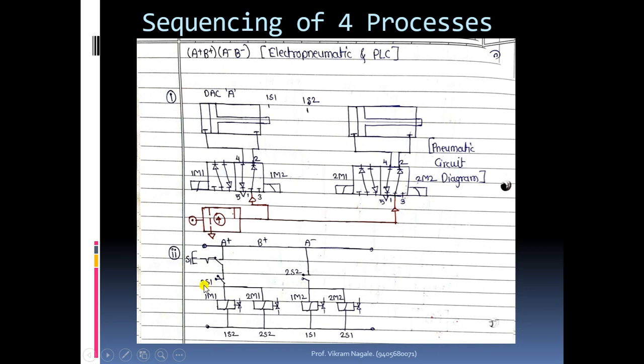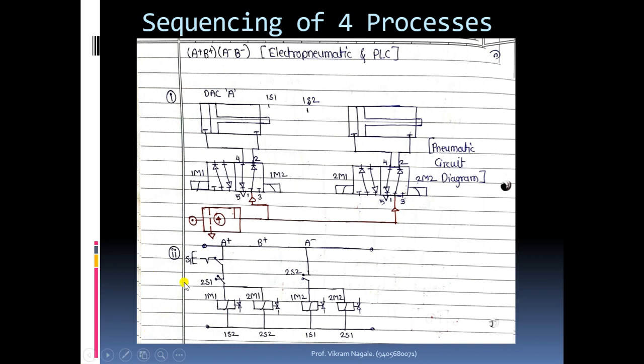In normal conditions, if we consider A plus B plus A minus B minus, in that case we are in practice of B minus, that is 2S1. So here we are using 2S1. So here it is also written 1S1 or 2S1, and then also it is not wrong. It's a signal that you have understood this very well and you are just representing that we can use any one feedback.